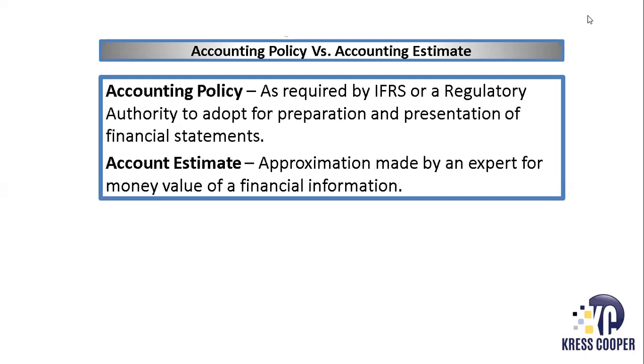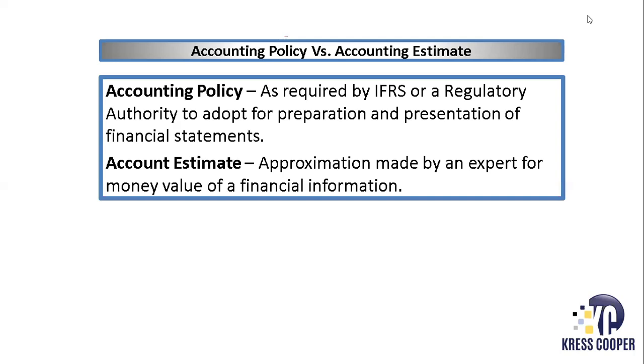So depending on their useful life, the depreciation rate will be determined. So this determination of the depreciation rate to calculate an approximate amount of the depreciation is an accounting estimate. So an accounting estimate is merely an approximation which is made by an expert, remember.